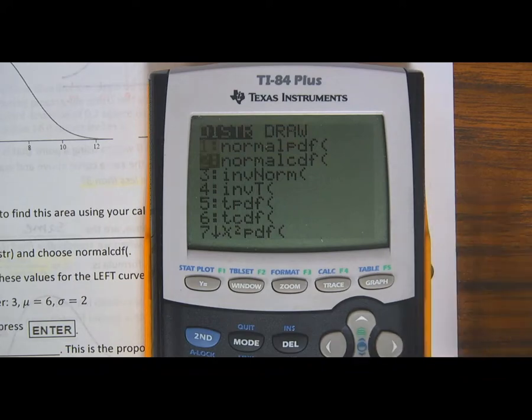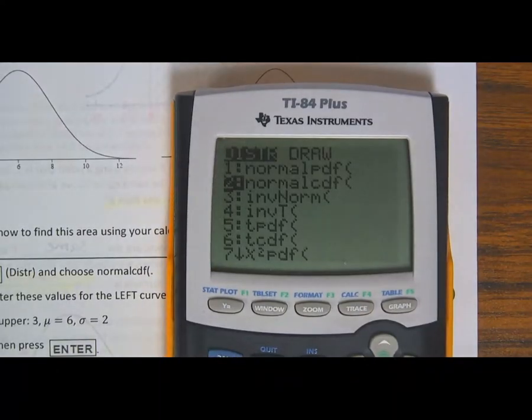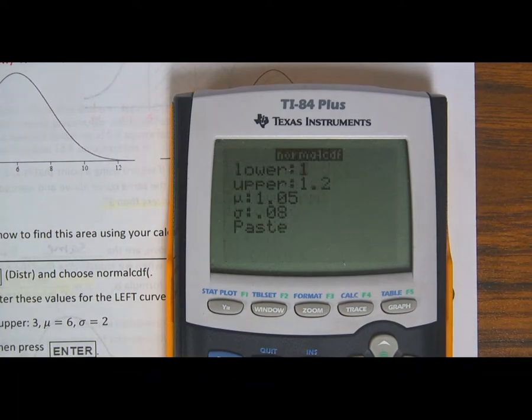And I want you to choose the second option down, which is normal CDF. It's going to be your best friend on the test at the end of this chapter. Normal CDF. And what it asks for is 4 things. It asks for a lower, an upper, the mean, and the standard deviation. And depending on the word problem you're looking at, those are all always going to be different things.